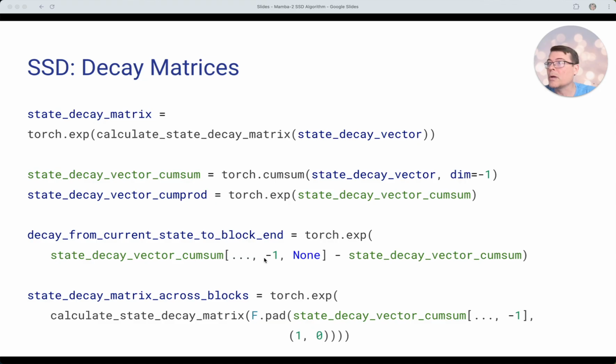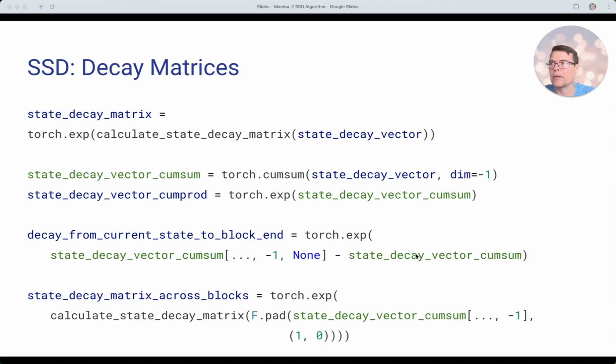What we're seeing here is we take the last dimension, we insert one more dimension of length 1, and as we talked about, we subtract off the cumulative sum here.